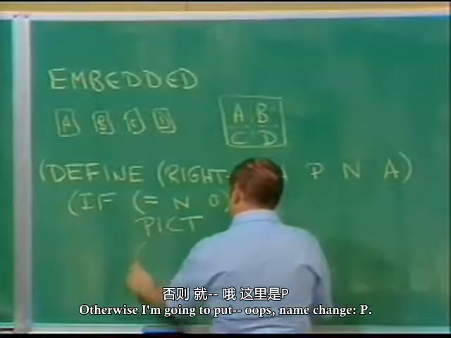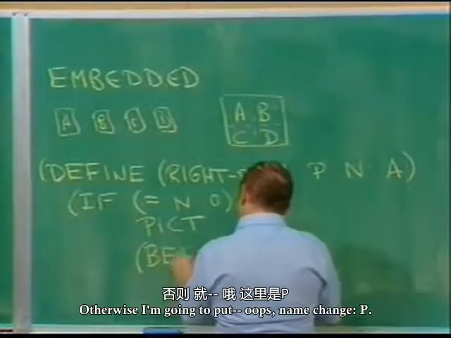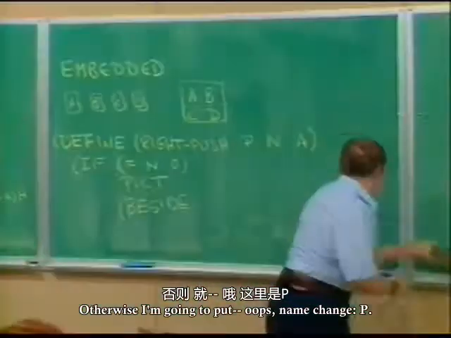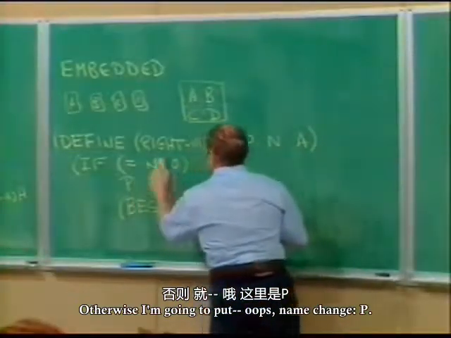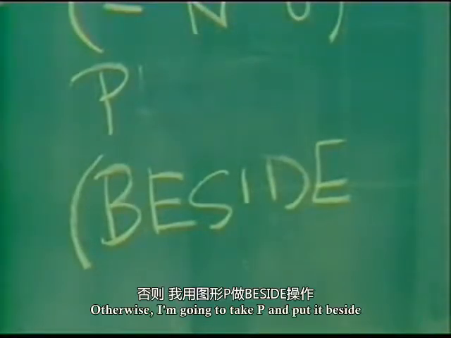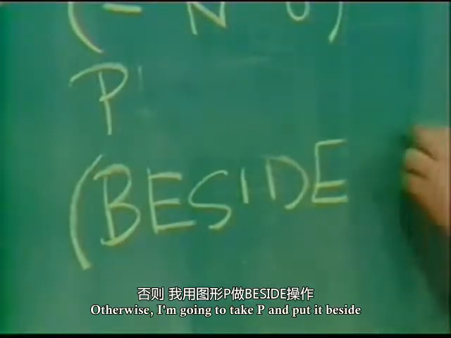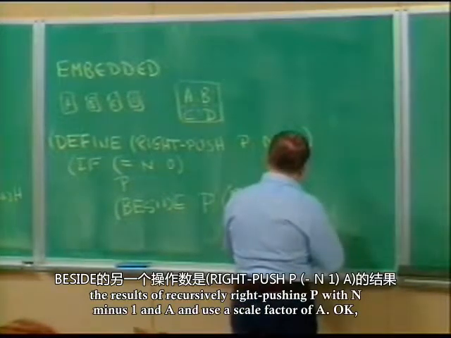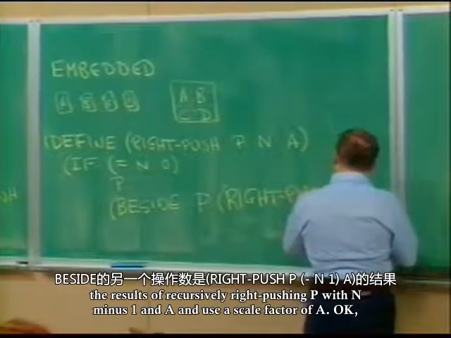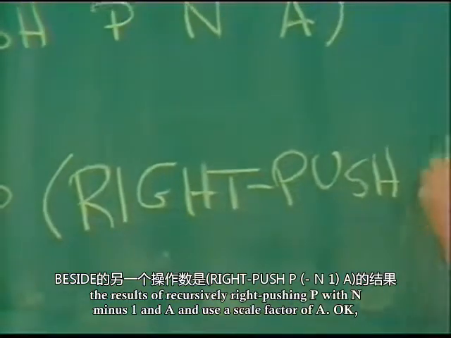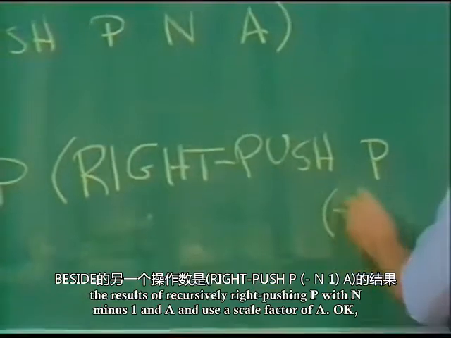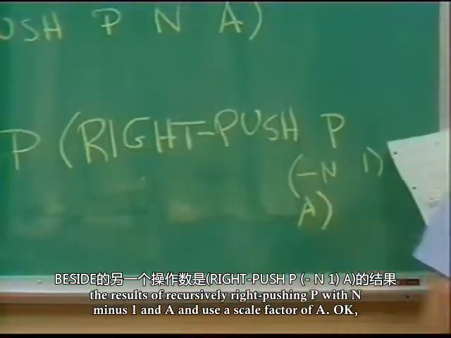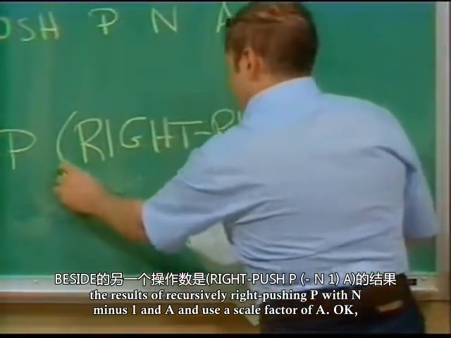Otherwise, I'm going to take P and put it beside the result of recursively right-pushing P with n minus 1 and a, and use a scale factor of a.